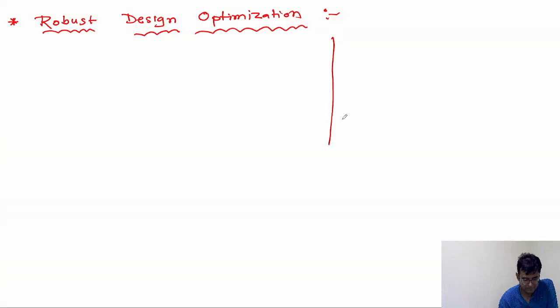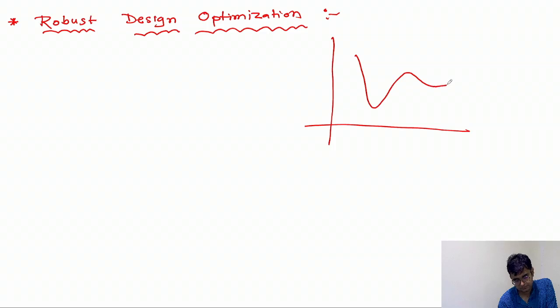If you remember the diagram from yesterday, this is the diagram that I was drawing. Let's say something like this. What is the optimal point? We discussed that.